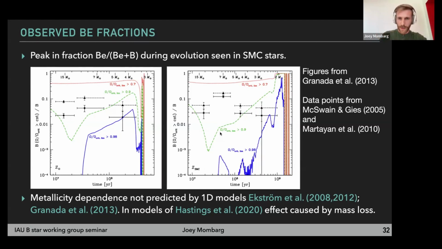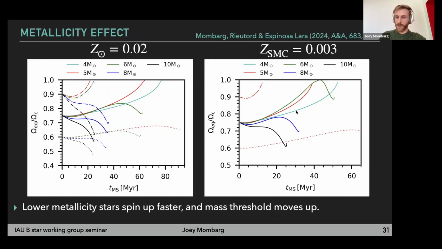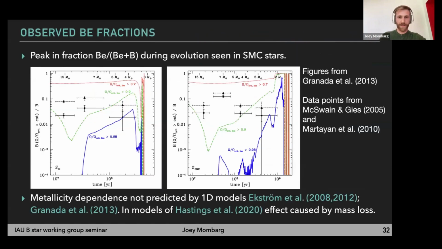If we look at the age where it is, it's about 40 to 50 million years. It's also seen to be in line with what we predict with the 2D models, or at least where we would predict some of the stars to reach critical rotation. In fact, we also expect stars of a higher mass to spin up. So naively we would expect a higher fraction of Be stars in lower metallicity environments, and that seems to be what is observed.